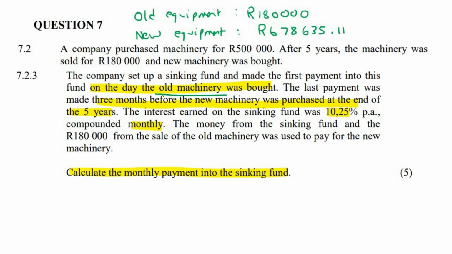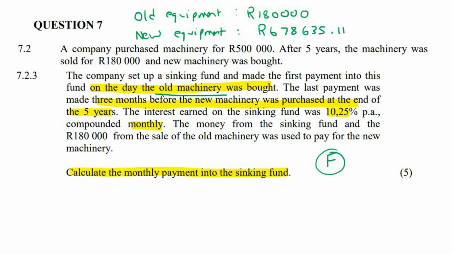Now, when do they want the money? Do they want the money immediately, or do they want the money in the future? Do they want the money in 5 years' time, when the machinery becomes old and then they sell it again? Exactly, right? That's when they want the money. They want it in 5 years' time, so they want it in the future.